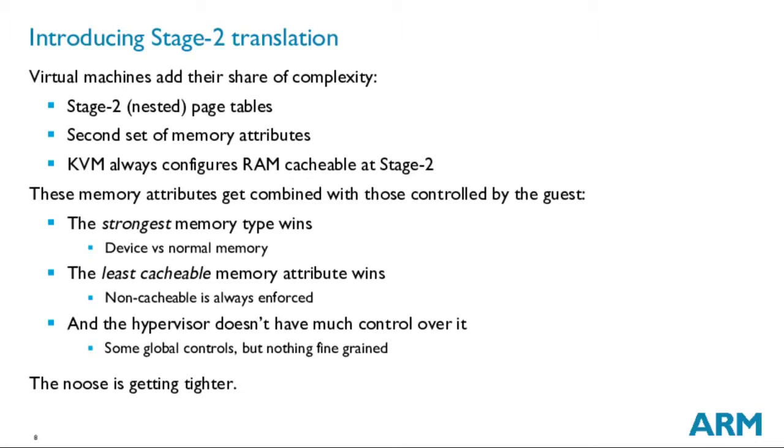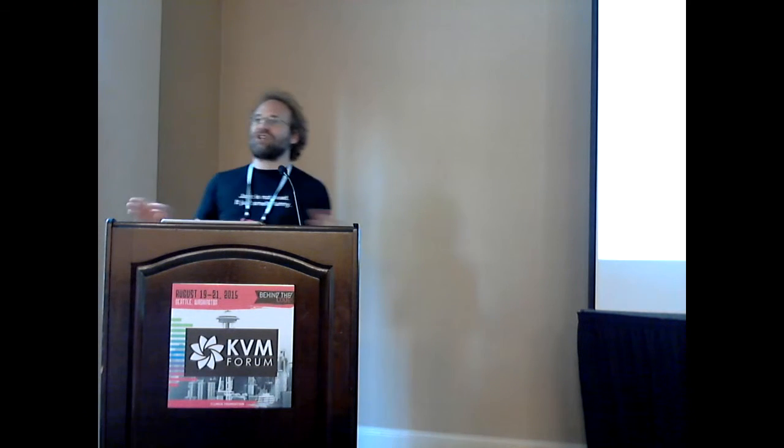So stage 2 translation. So we're definitely in virtualization land now. Stage 2 translation is basically your nested page tables, EPT on x86. Well, they give you a second stage of memory attributes, and KVM always configures the RAM as cacheable at stage 2. Of course, the guest has its own page tables and memory attributes, and that gets combined into a single set of attributes that are going to be used to access whatever memory or device.